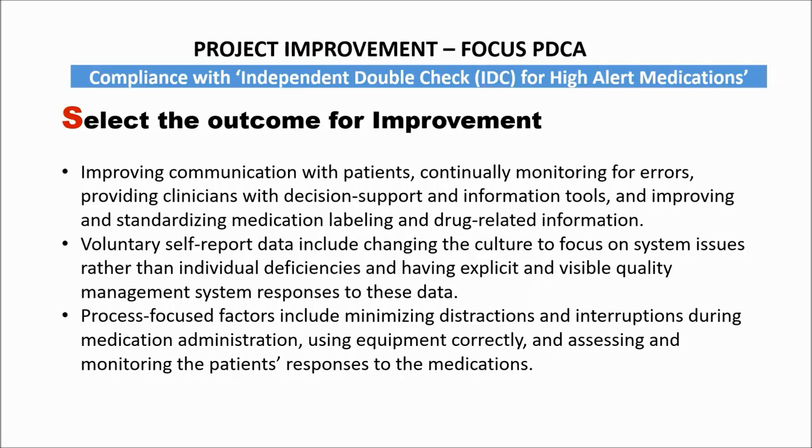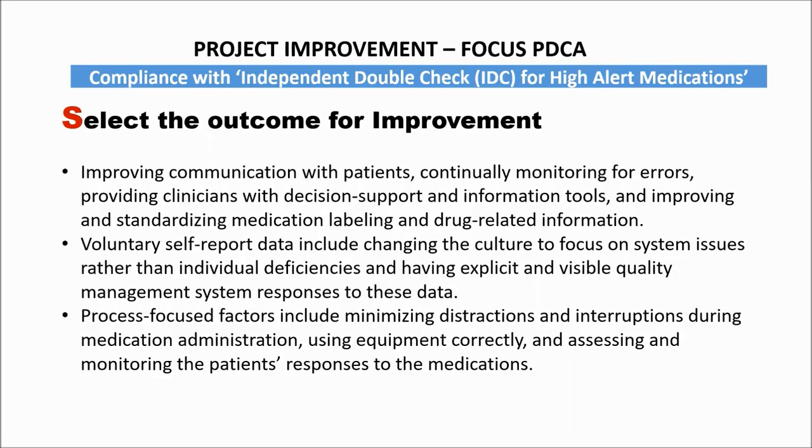And obviously, we select the outcomes: improving communication with the patient, continuing monitoring for errors, providing clinicians with decision support and information tools, improving standardization of labeling and drug-related information, voluntary self-report data including changing the culture to focus on system issues rather than individual deficiency, and having an explicit and visual quality management system responsive to these data.